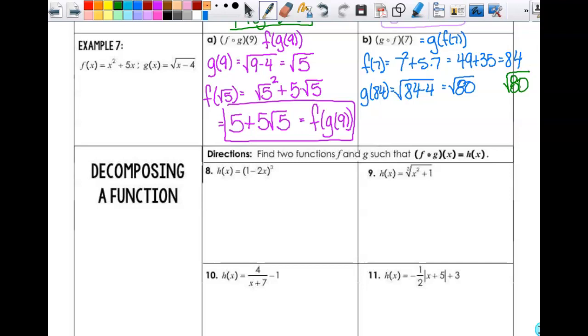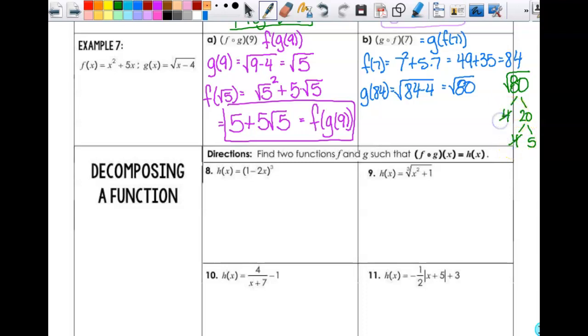Now, I do know that 80 is divisible by 4, and that's a perfect square, so I'll start with 4. So I got 4 and 20. On each branch, I'm going to stop either when I get a perfect square or a prime number. So that's a perfect square, I'm going to stop there. And then 20, I can make 4 times 5. So I've got 2 perfect squares and a prime number. Then I look for pairs. So the fact that it's a perfect square isn't really even helping me here.